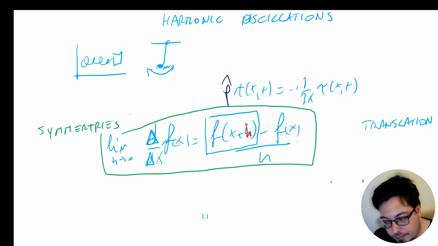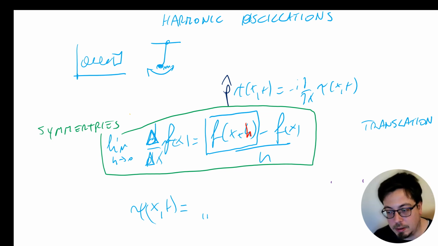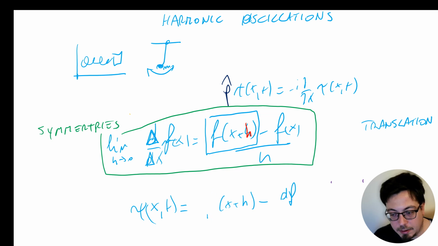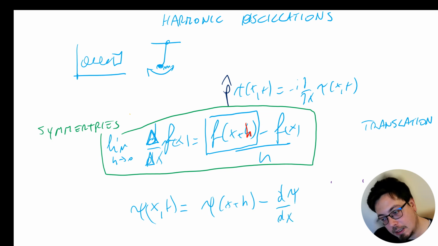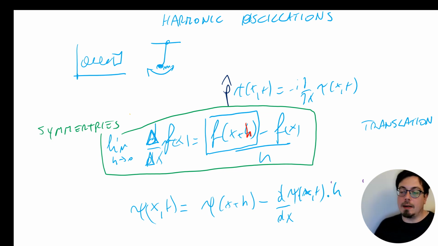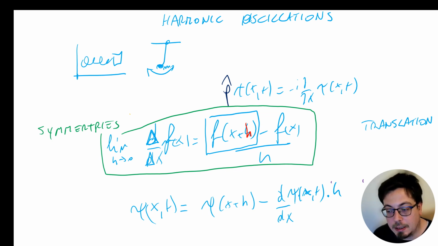We call the function psi. So psi of x, t is equal to psi of x plus h minus, sorry, this is psi, we said to keep it psi, so it is psi of x plus the derivative d psi dx of psi of x times h.